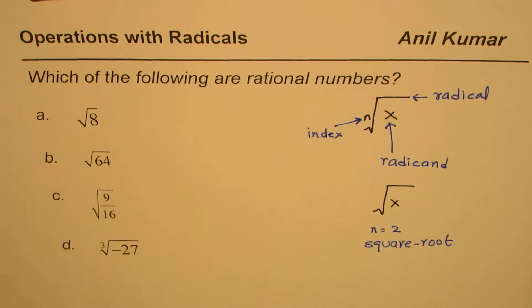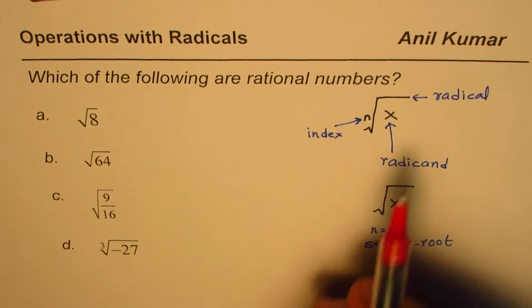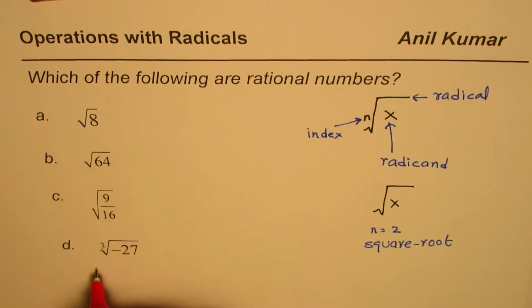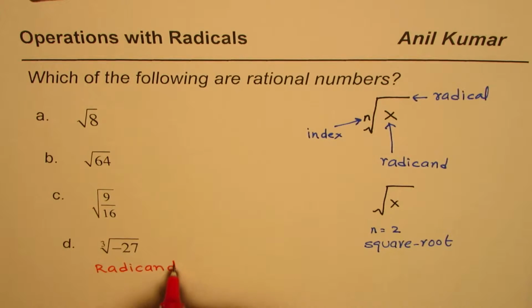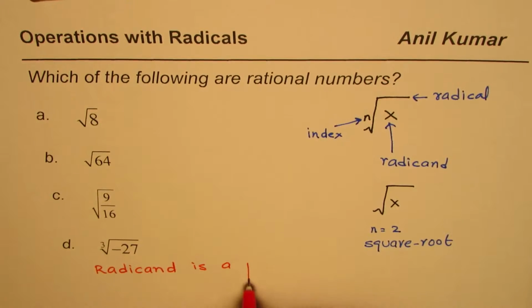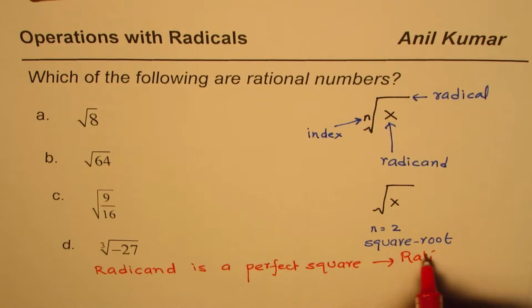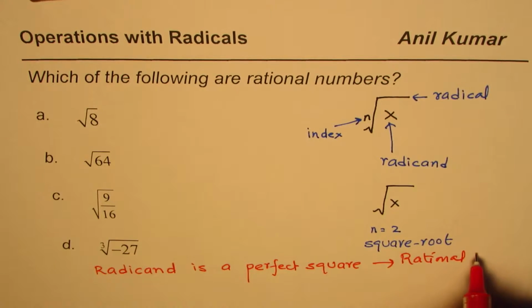So what are we trying to see? A radical will be a rational number only if the radicand is a perfect square. So if the radicand is a perfect square, in that case the number will be a rational number.